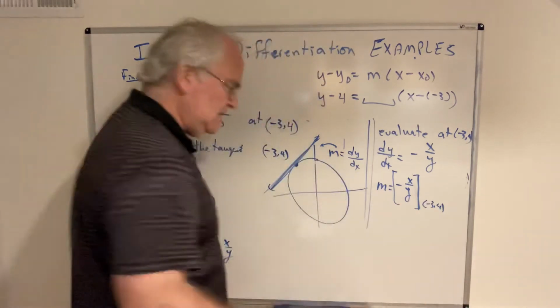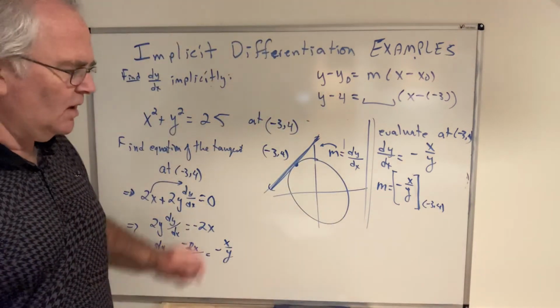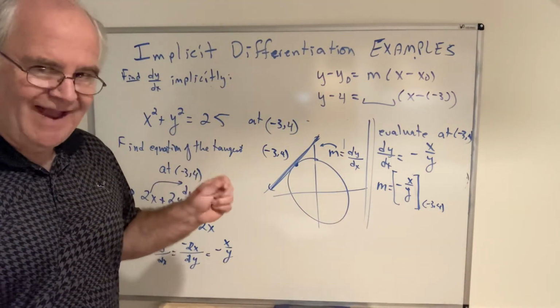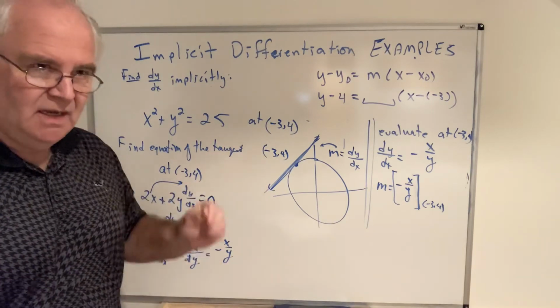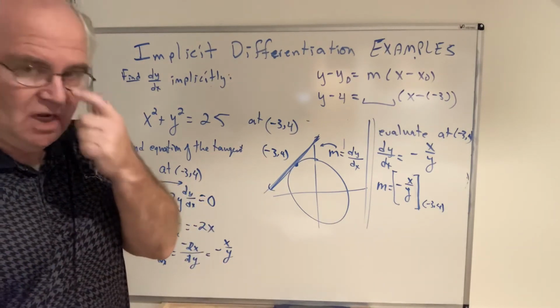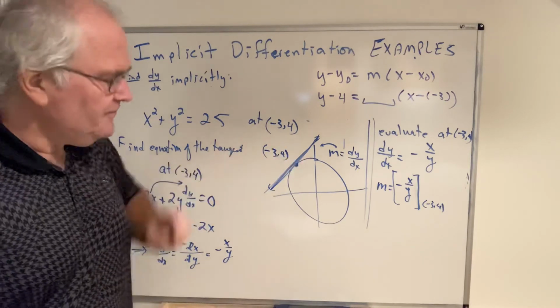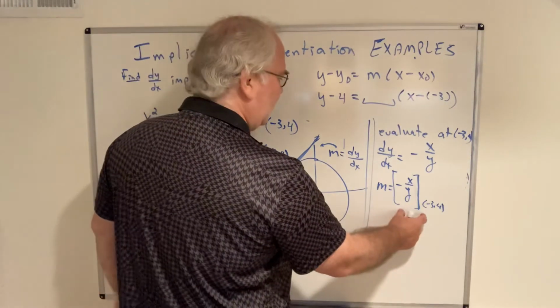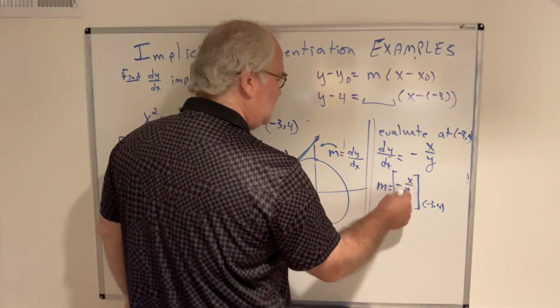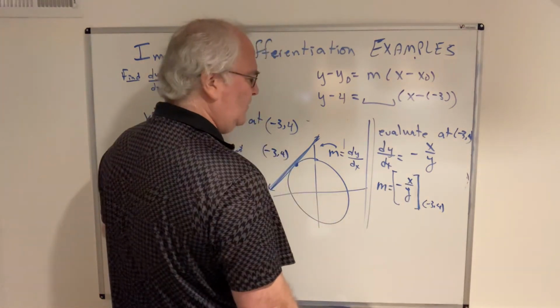This also means evaluated at negative 3, 4. There are some advantages to this, and if you do it this way, you will avoid some problems you never even knew were there. But I will always write this with brackets. So the slope is negative x over y evaluated at negative 3, comma 4.